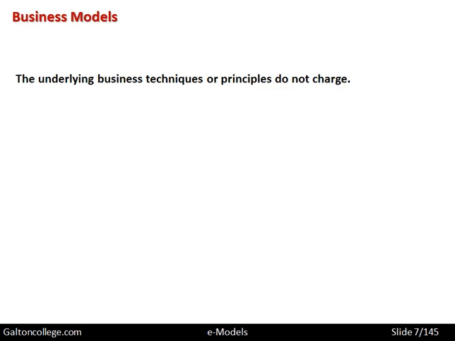So let's look at some business models. For a start, it's important to note that the underlying business techniques don't change. Good business practice still requires cash flow, some estimate of sales, budgeting control, a business plan, some direction, some sort of focus on the market. And so the techniques that we'd expect in the context of real businesses, bricks and mortar businesses, non-internet businesses, those techniques still apply, even though we're talking about the internet.